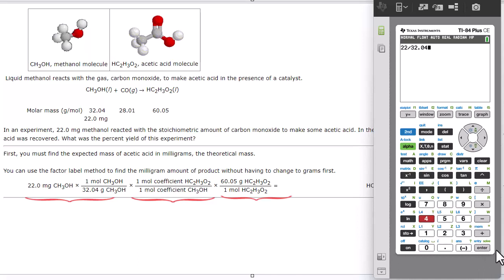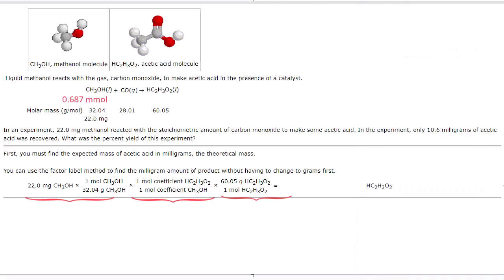We want to know how much methanol we have in this reaction, and there it is, 0.687, rounding it to 3 significant digits. It's not moles, it's millimoles. And again, if you'd had the times 10 to the -3, you'd have the times 10 to the -3, but writing that m is so much easier.